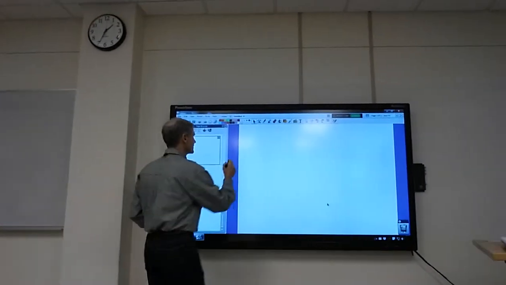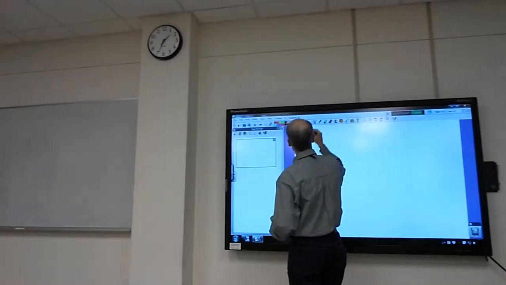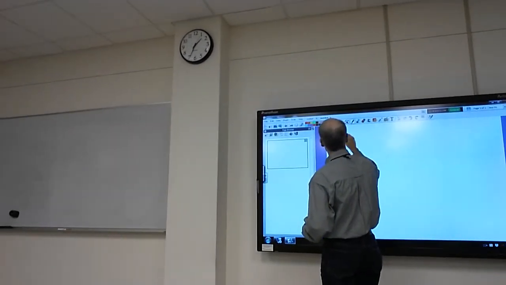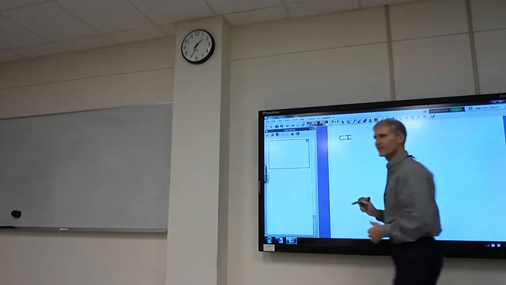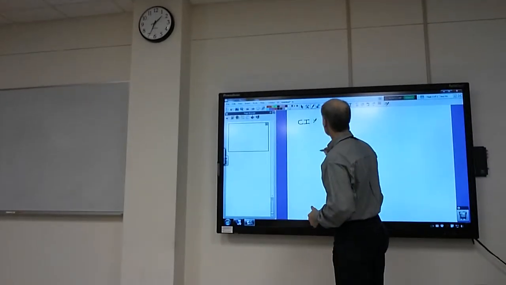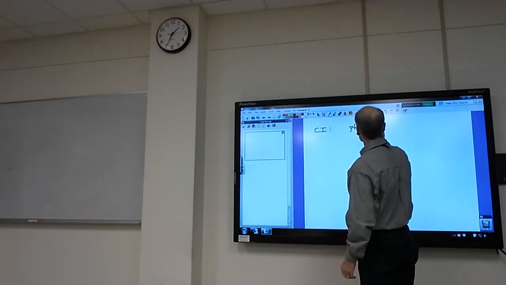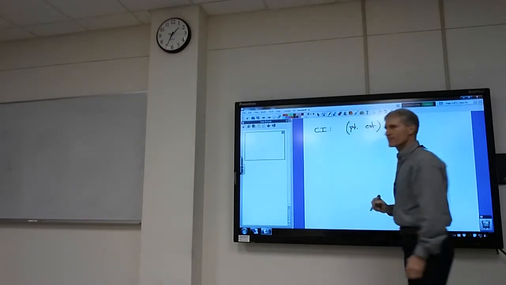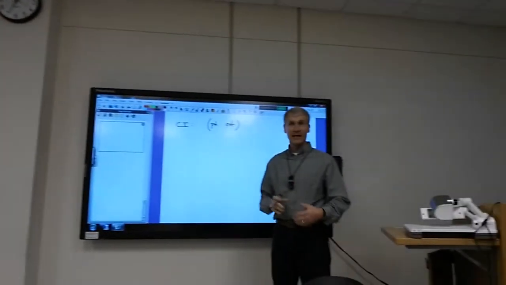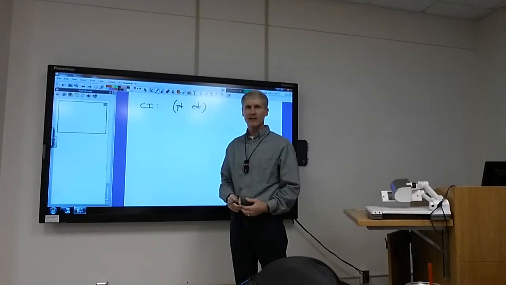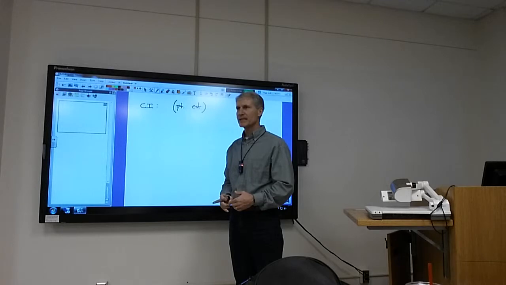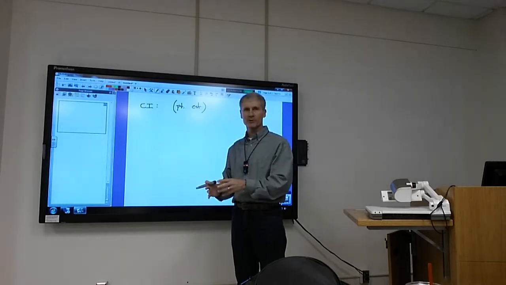Here we go. So a confidence interval, CI for confidence interval, starts with a point estimate. If it's a mean, that'll be X bar, the sample mean. If it's proportions, it'll be P hat, the sample proportion.